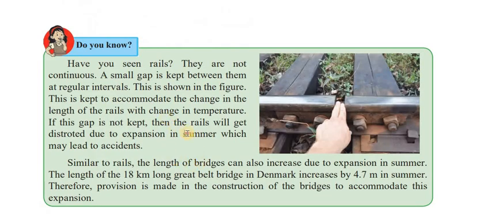In summer the metal expands and in winter the metal contracts. If we do not keep this gap, the rail will bend and it can cause an accident. So a gap is kept between the rails.